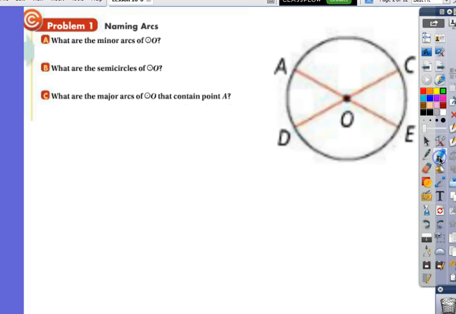So when I identify part of a circle, I usually have a way of describing the arc. And it's usually found by listing the two endpoints of the arc.